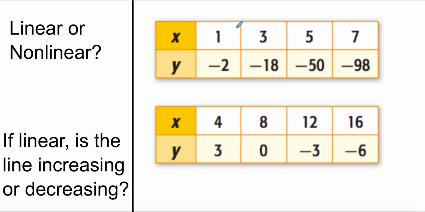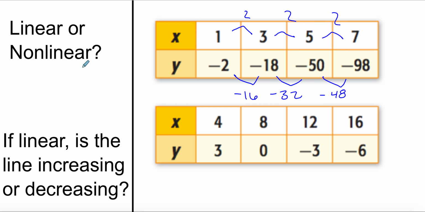All right, hopefully you and your elbow partner were able to subtract these and get the answer of 2 for each one of these intervals. You came down here and realized to go from here to here is going to be a negative 16. To go from here to here is a negative 32. And to go from here to here is a negative 48.